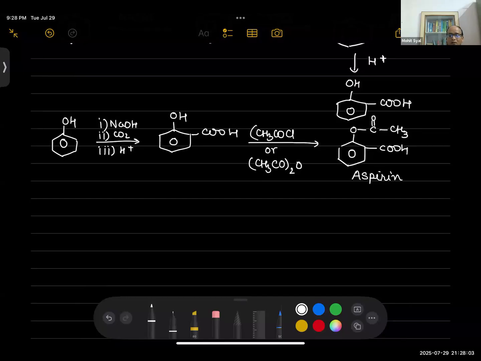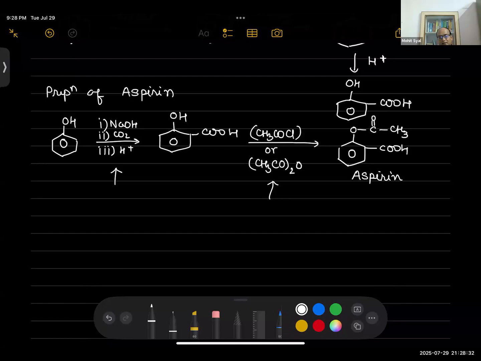What is this process known as? Ibrahim, tell me the name of this process. Ibrahim, are you there? Yes, sir. It's called acetylation, I think. Yeah, the first one is the carboxylation.